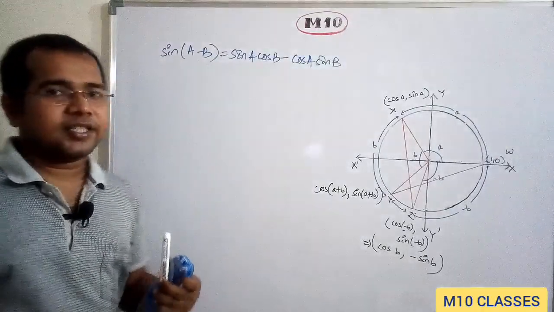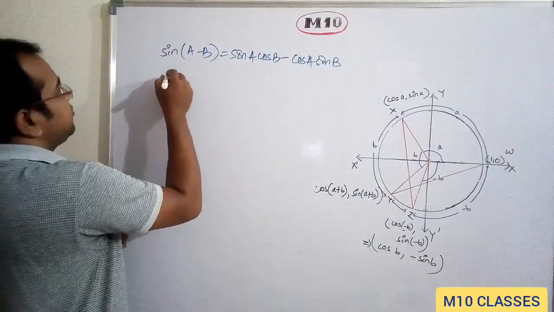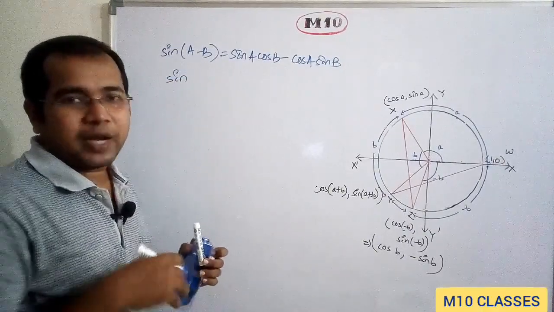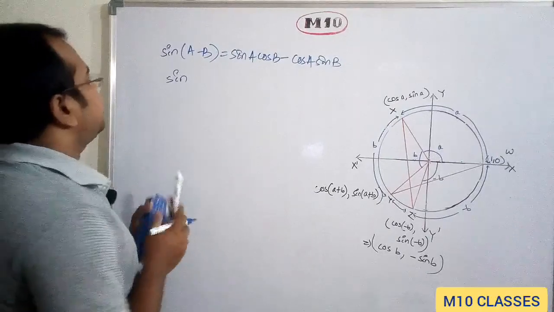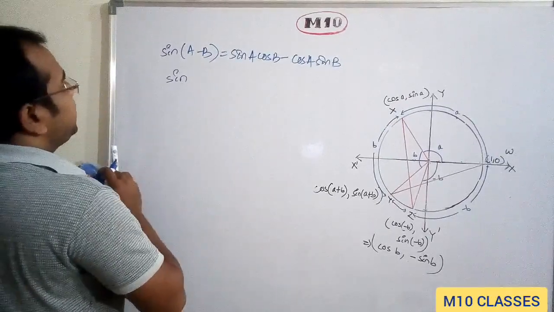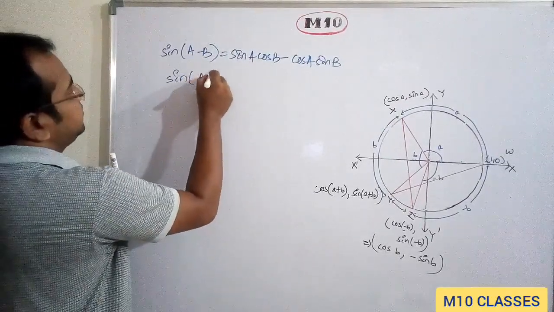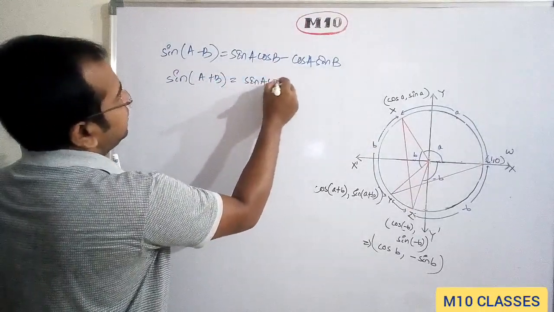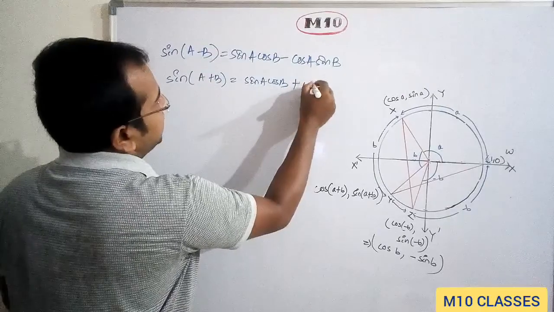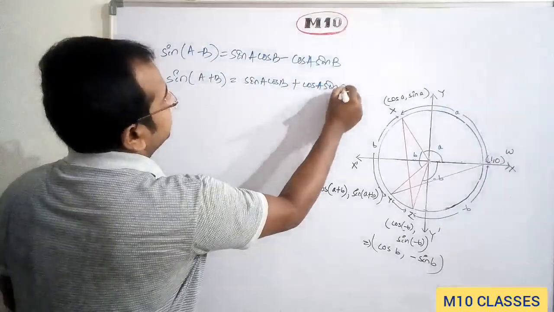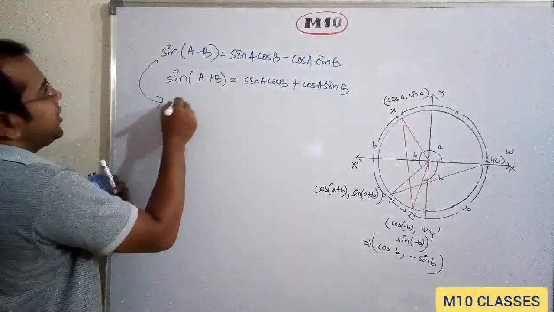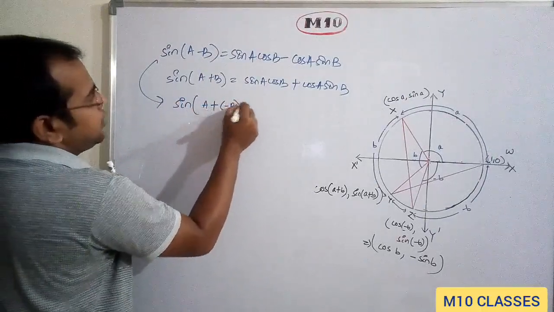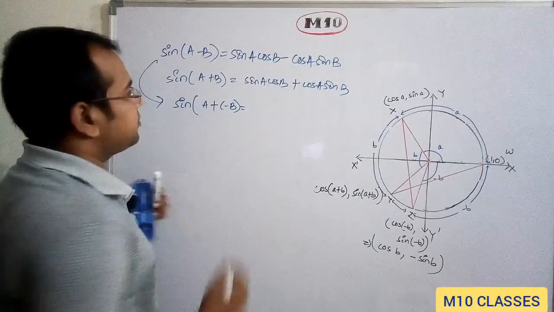Okay. Now let us see. Again put that formula, sin theta is cos(pi by 2 minus theta). Now you don't need to put this value. You simply use the sin(A plus B) formula. Okay. Sin(A plus B) is sin A cos B plus cos A sin B. So this can be written as sin(A plus (minus B)). Now put these values.